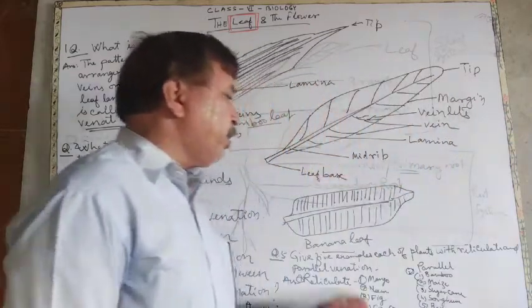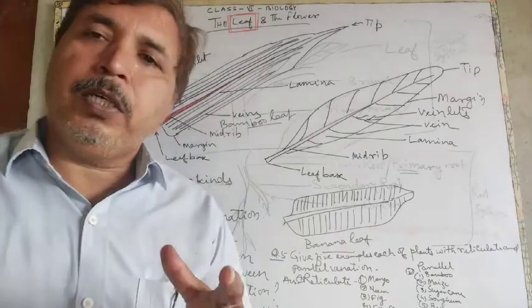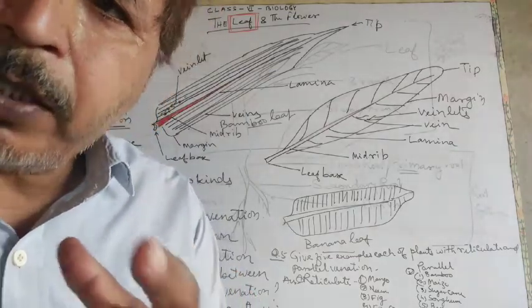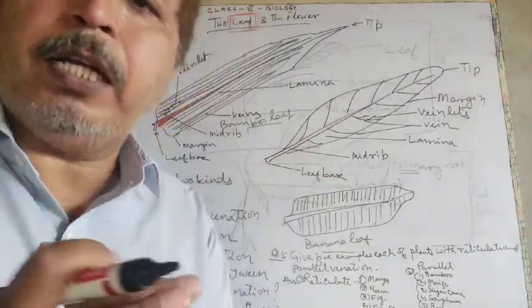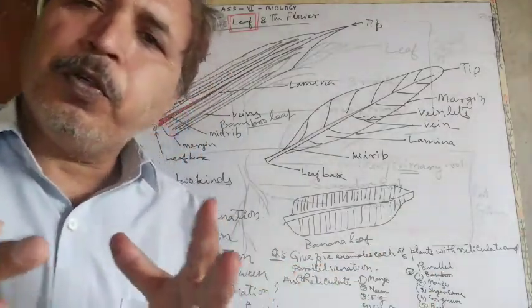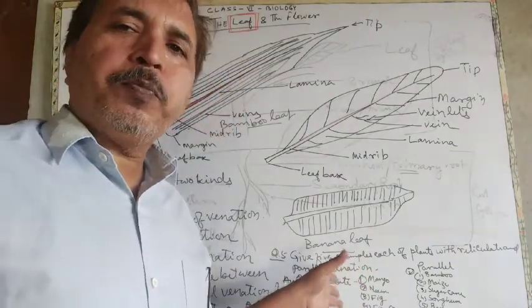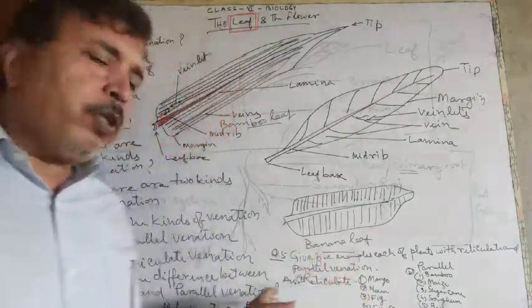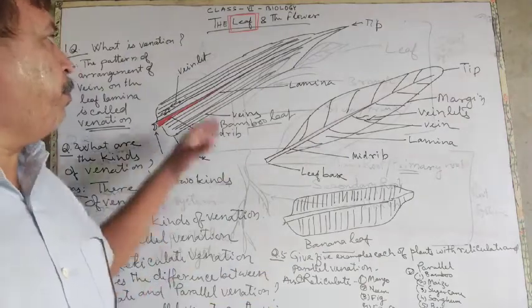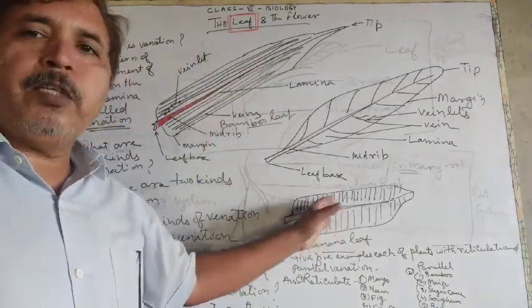So if you compare these leaves, what you will notice: the veins are arranged parallel in case of parallel venation, whereas in certain cases the veins are not parallel. So important thing is the veins either may be parallel to the midrib or parallel to each other, as in bamboo.